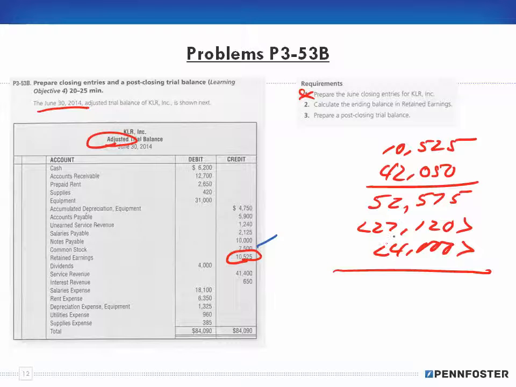Okay, so doing the math there, 52,575 minus 27,120 minus 4,000, and that gives me an ending retained earnings amount of 21,455.